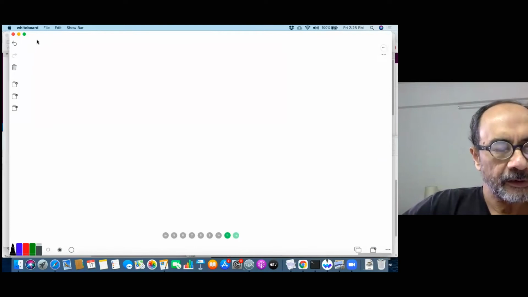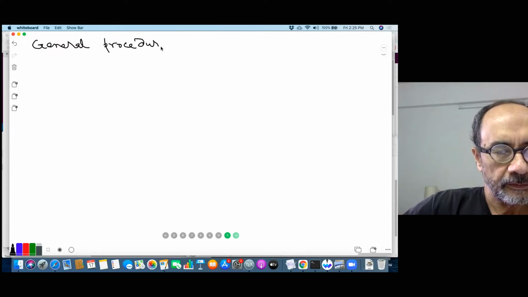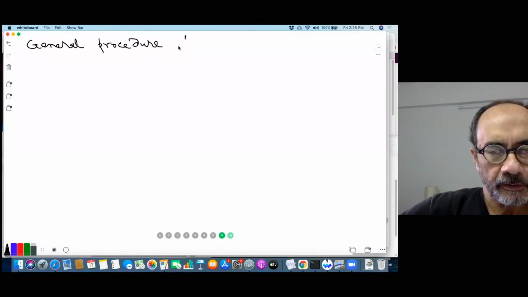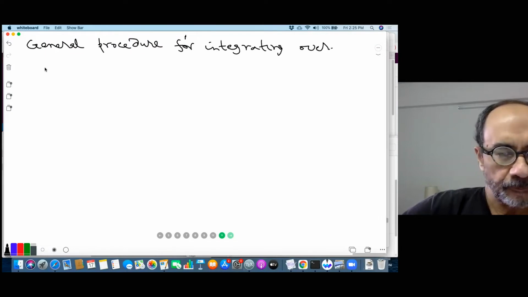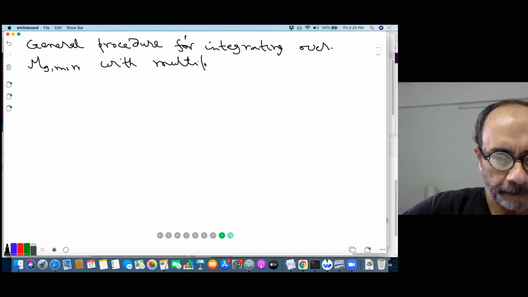So, the general procedure for integrating over MGMN, which typically will require multiple PCO insertions.